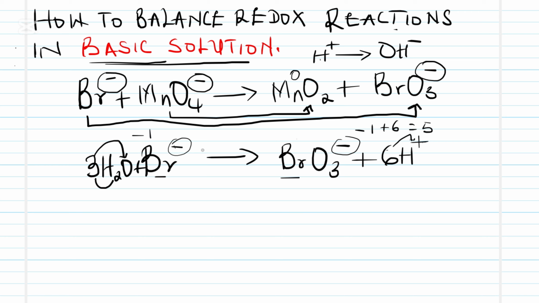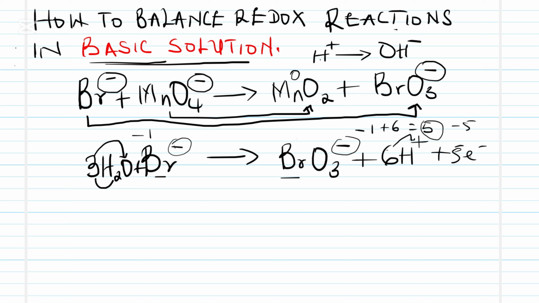Now, we're going to ask ourselves, how many electrons am I going to add to the more positive side, so that if I add it to this right here, which is a 5, I'm going to get a negative 1. So don't even make the mistake of adding 5 electrons, because if you add 5e minus here, it's going to be 5 minus 5, which gives you a 0, since electrons are negatively charged.